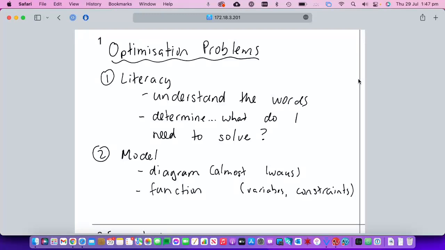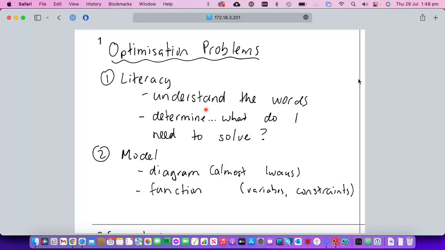So number one, as you can see there, I've got understand the words. I know that sounds very babyish the way I've written that, but it really is exactly that. If a problem talks about a coiled spring that has a tension given by a function, and you aren't too sure what the difference between a spring and a coiled spring is, then that's going to stuff you up, isn't it?